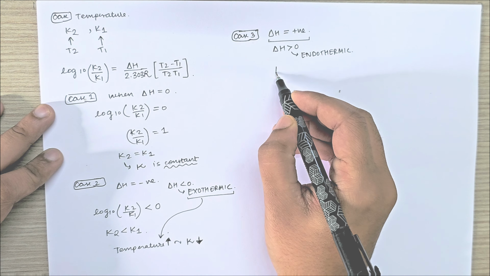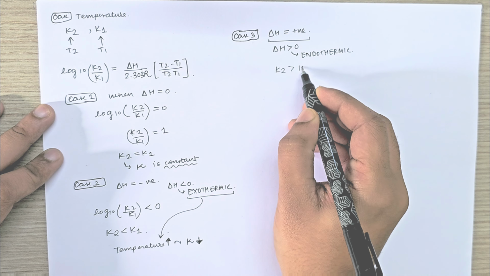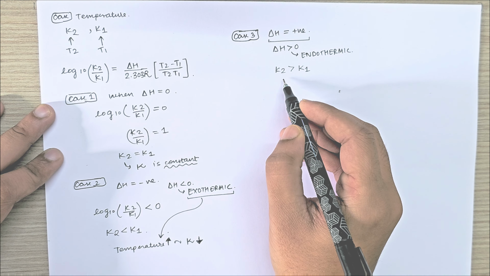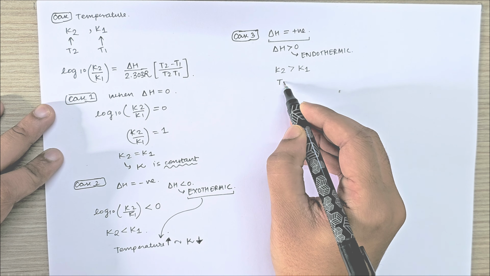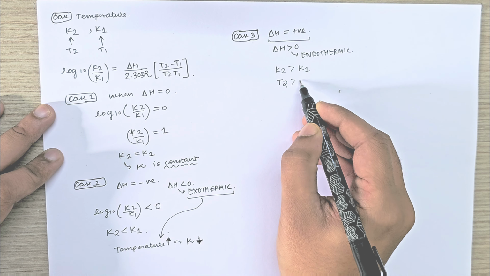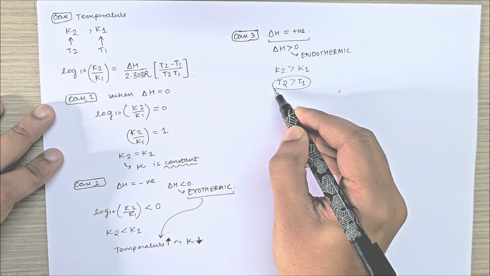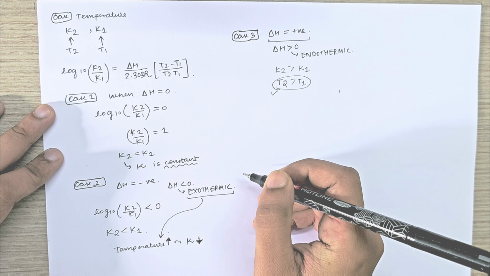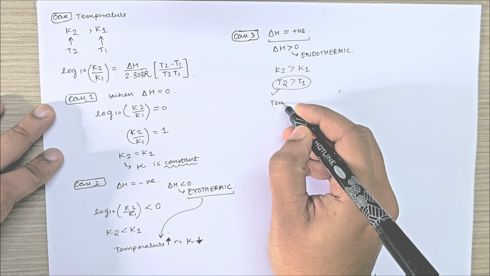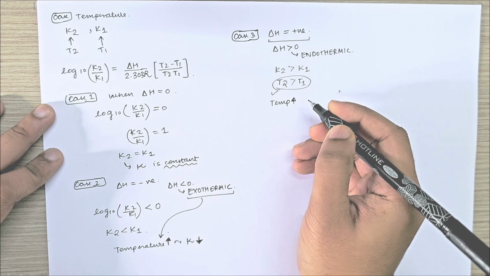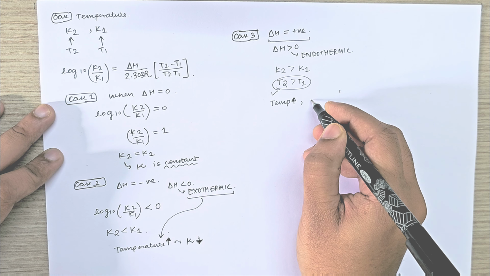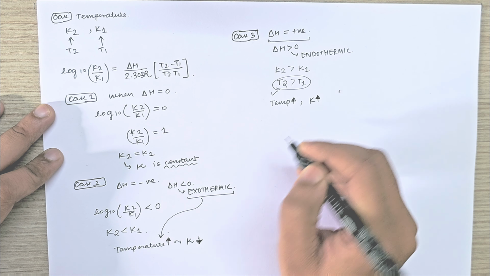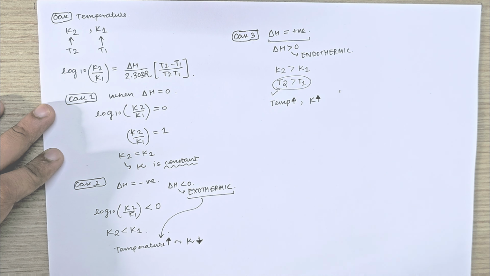So what happens here is that K2 increases with respect to K1, and this implies that T2 is greater than T1, right? So temperature increment here implies that the equilibrium constant also increases.